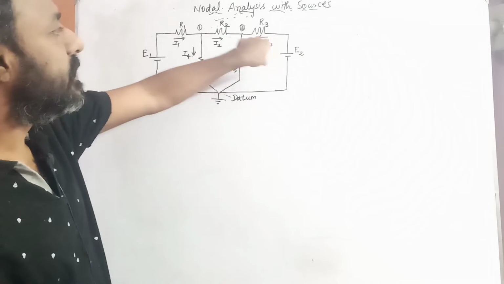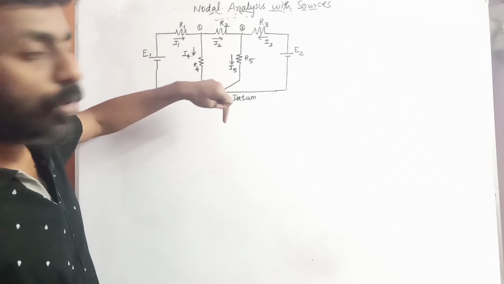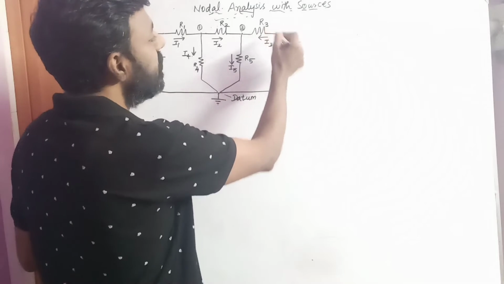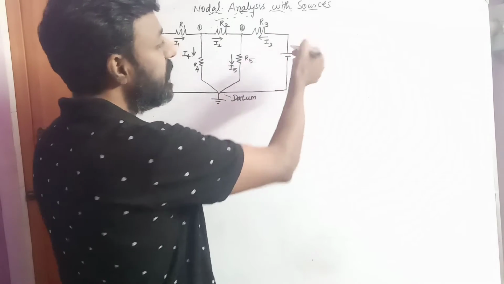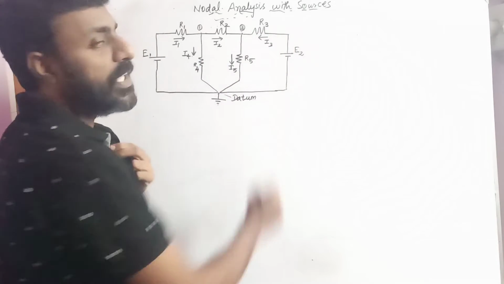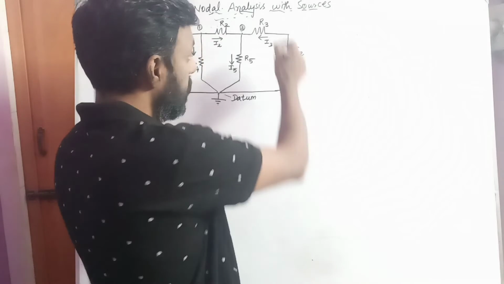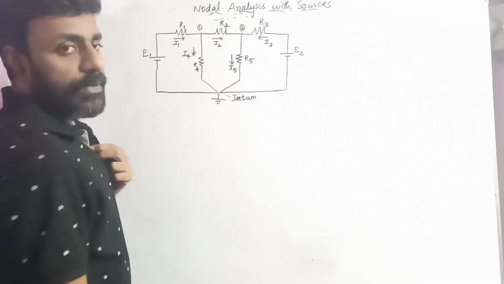Here a current I3 gets inside the node and a current I4 goes outside the node. This current I3 is being supplied by the battery terminal E2, such that the positive terminal of the battery E2 is connected to the resistor R3. So here this is the datum.